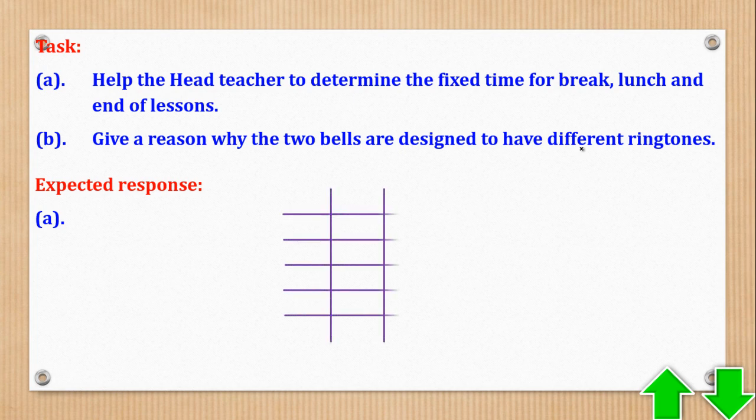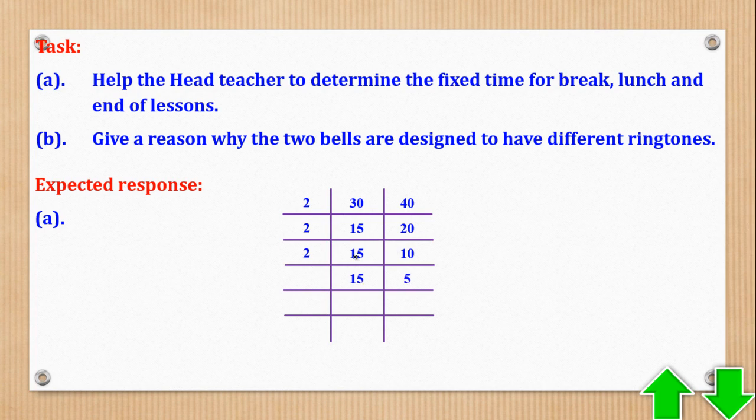To determine that, we have to find the LCM of these 2 numbers, the 30 minutes and the 40 minutes. If we divide by 2, we shall get 15 for this and 20 for this. Divide by 2 again. This 15 remains because it leaves a remainder, so you don't divide it if it leaves a remainder. 20 divided by 2 gives you 10.